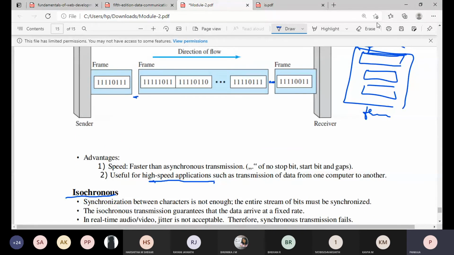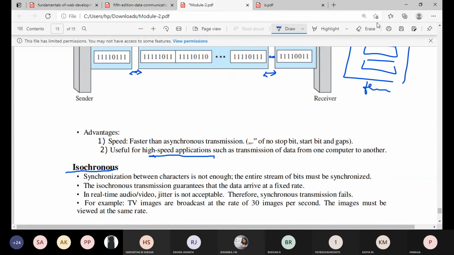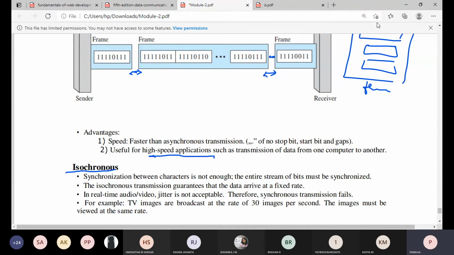Between every frame there is some gap, that means some idle time. In this way you can achieve the synchronization, but only in terms of characters. That is not enough. It requires synchronization in terms of a large stream of bits.